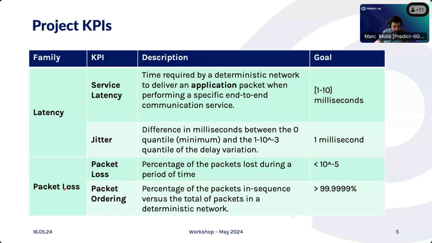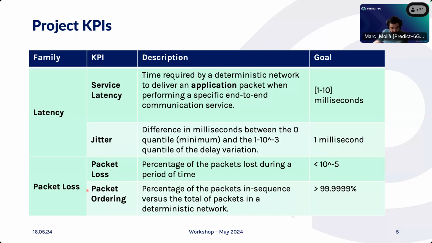The second family that we're working on is reliability, in the packet loss. Okay, so we use the packet loss KPI with a pretty standard definition, but here, due to our particularity, depending on the application, we also include as packet loss all the packets that don't arrive in time.